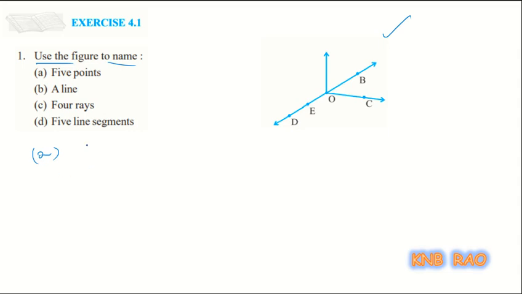Here I have points, point D, E, O, B and point C. So, five points are these.